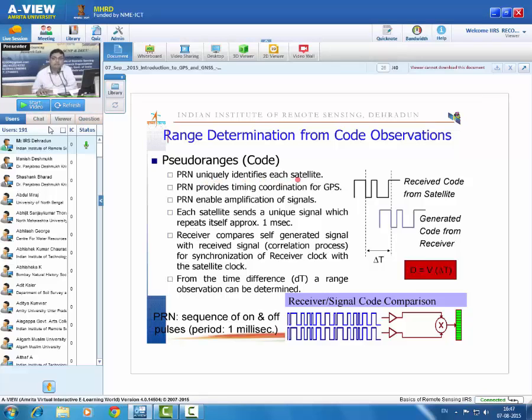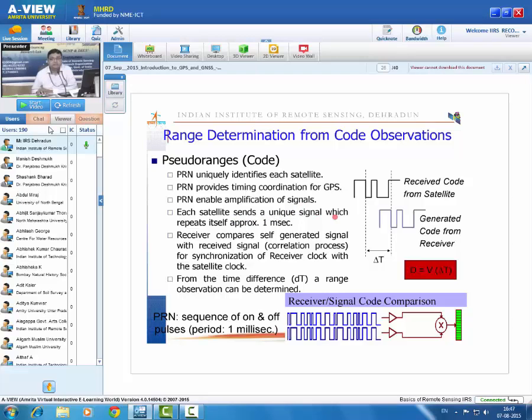As I was telling, PRN is a nomenclature like the satellite vehicle, so it identifies each satellite. It gives timing coordination for each of the GPS satellites, and it enables amplification of the signals also when the signals are weak.